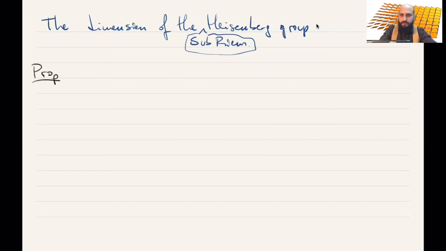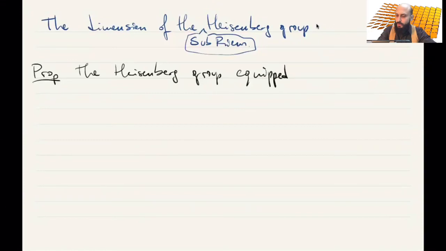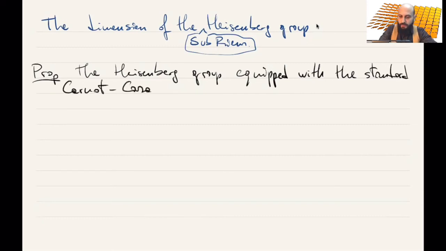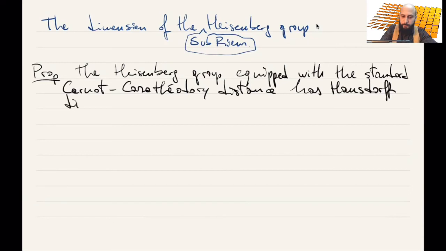So let me write it as a proposition. The Heisenberg group equipped with the standard Carnot-Carathéodory, also called subRiemannian, distance has Hausdorff dimension equal to 4.